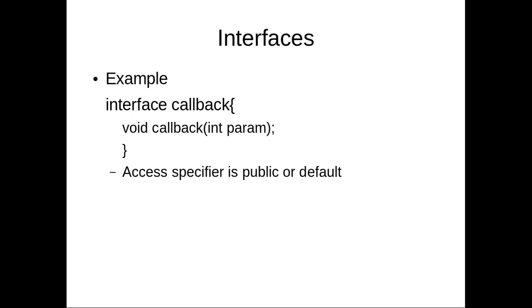Here is void callback(int param), that is a method signature given. This is the way you are going to have an interface. That means the interface name, and inside that the method signature of that method is given. Here the access specifier is public or default.